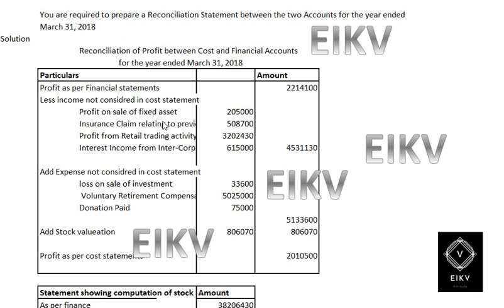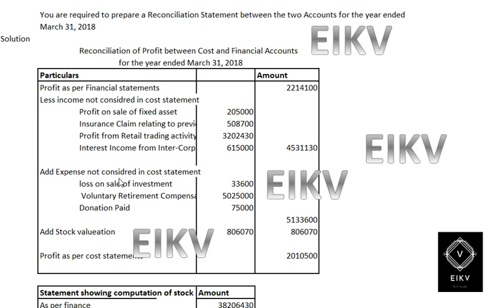These are incomes which are reflected in financial statements, so they are affected in financial profit. But these incomes do not form part of costing records or cost accounts, therefore we need to deduct such amounts to get costing profit.